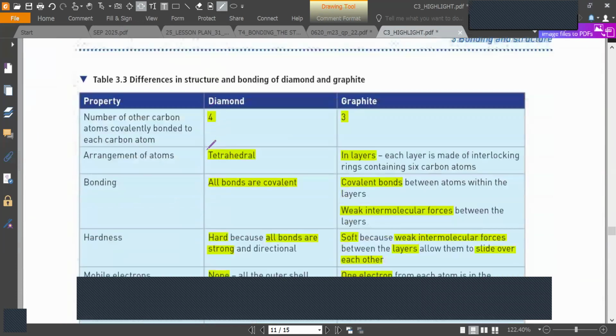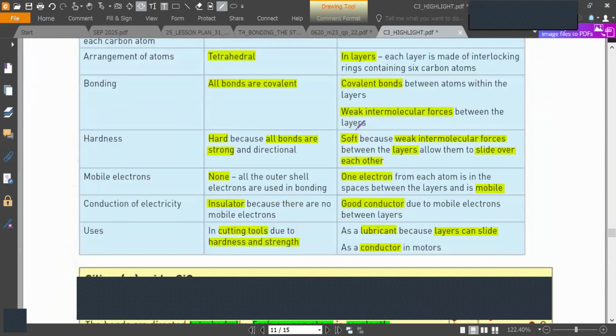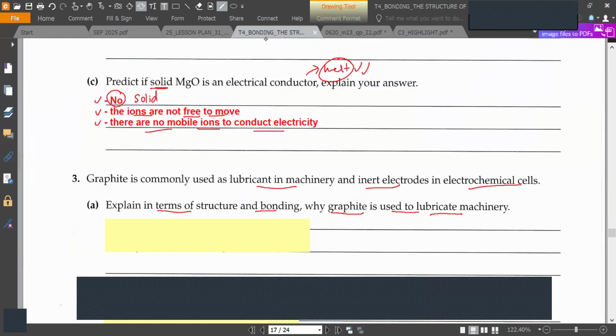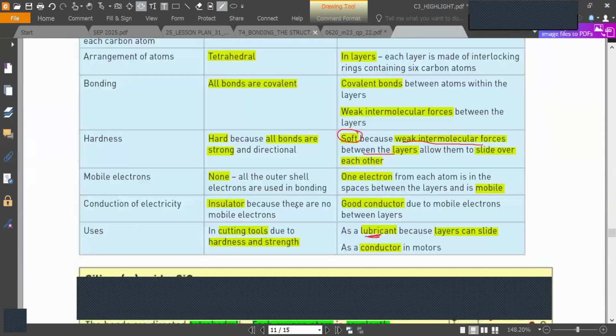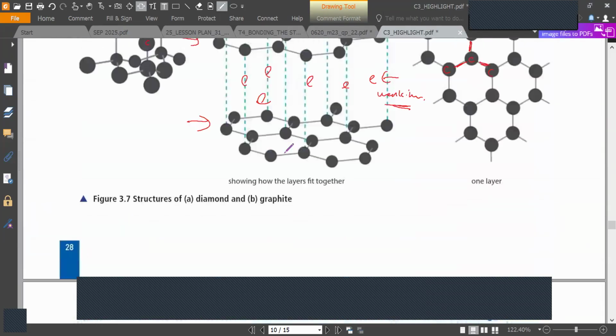Graphite is soft because of the weak intermolecular forces between the layers, and because of that, it can be used as a lubricant. So the key points: the hexagonal layers of carbon atoms are held together by weak attractive forces.